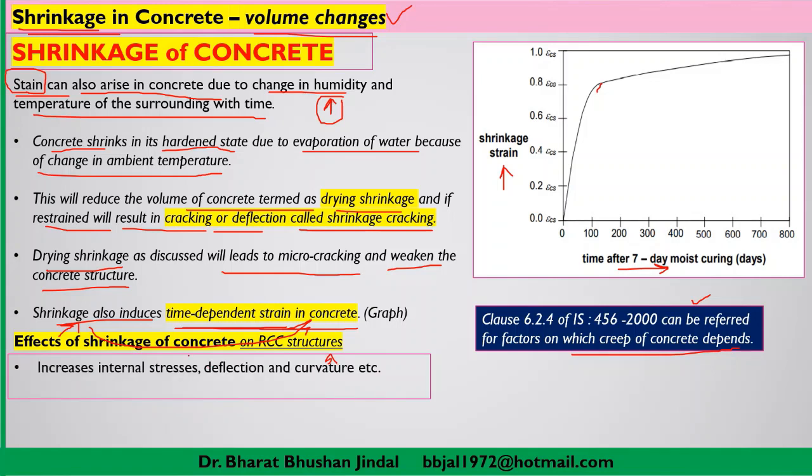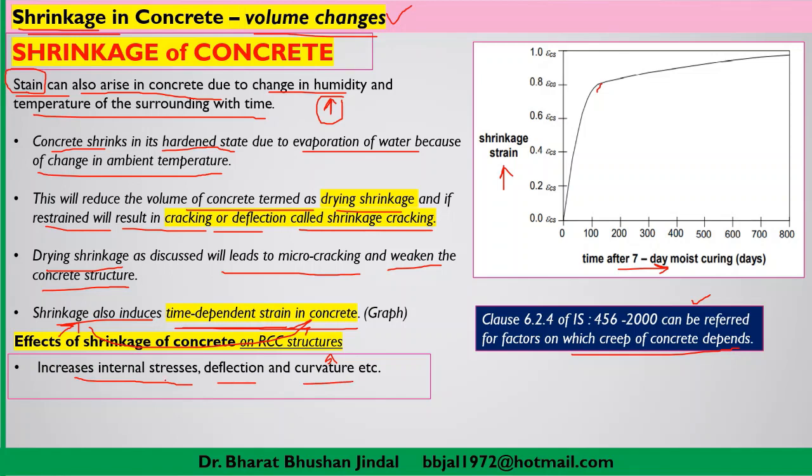First of all, if there is any type of shrinkage, concrete will try to shrink, and if it is restricted from shrinking, then stresses will develop, and it will increase the internal stresses, deflection as well as curvature.